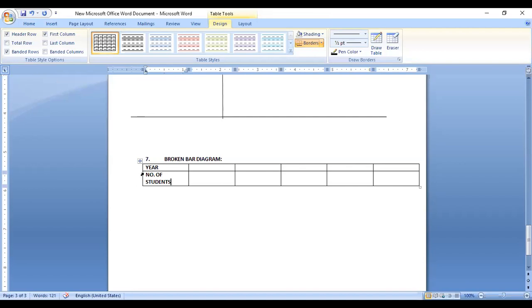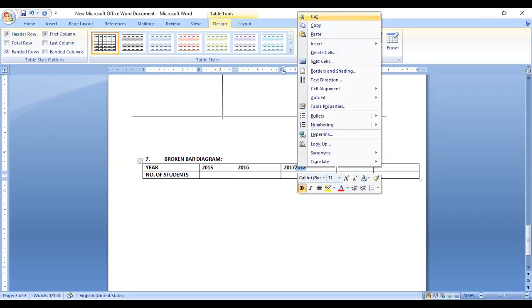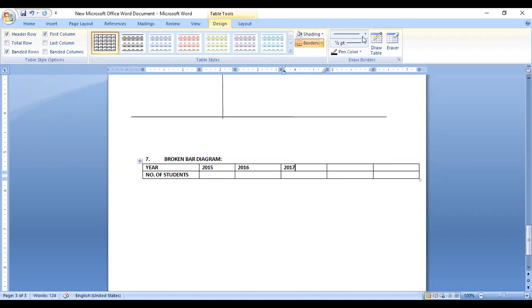Now the years 2015, 2016, 2017, 2018, and 2019 are taken. Okay, number of students.